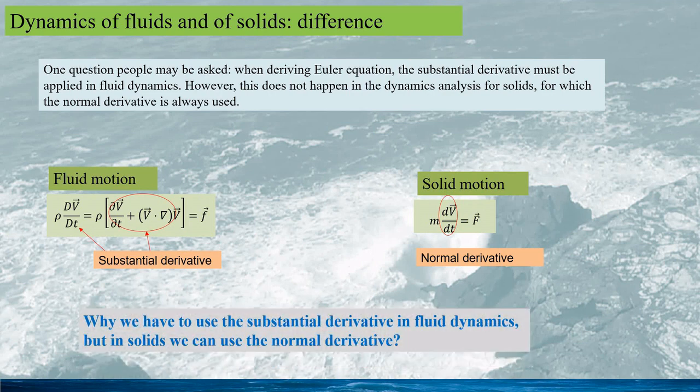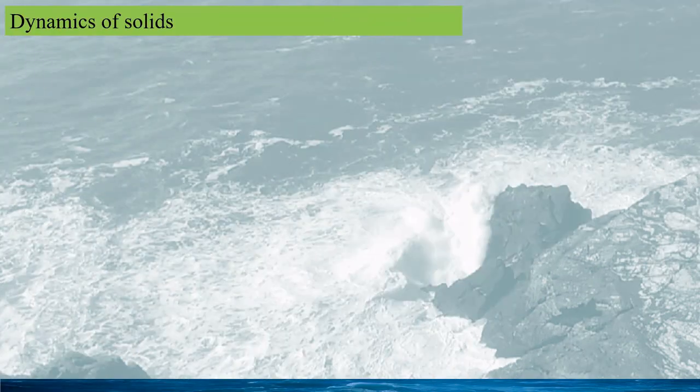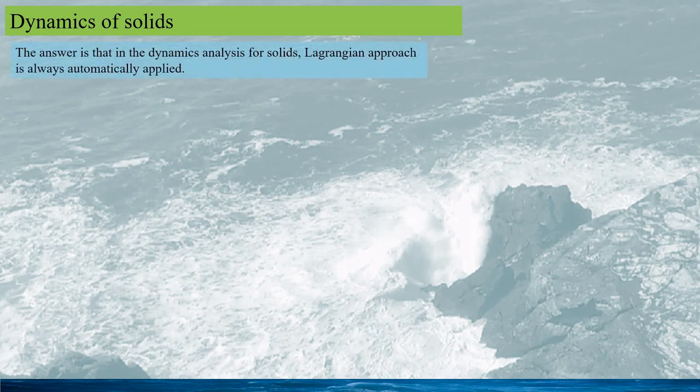But why we have to use the substantial derivative in fluid dynamics? In solids, we can only use the normal derivative. The answer is, in studying the motion of a solid, the Lagrangian representation is automatically applied.